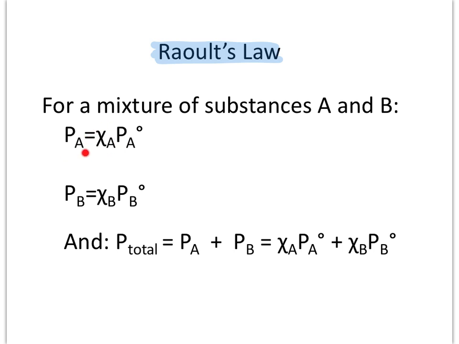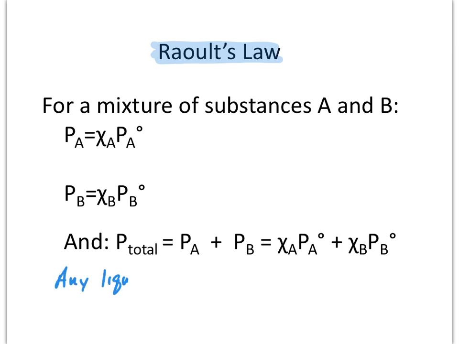And if we have multiple volatile components, then the vapor pressure of each can be expressed by Raoult's law. And so the total vapor pressure of the mixture is the pressure contribution of one and the pressure contribution of the other.